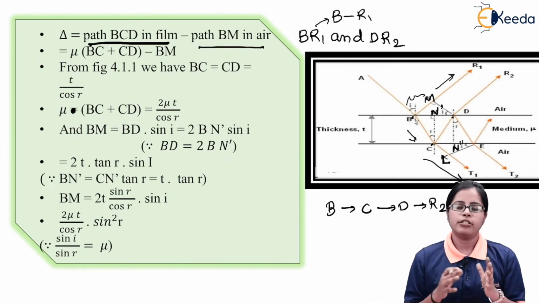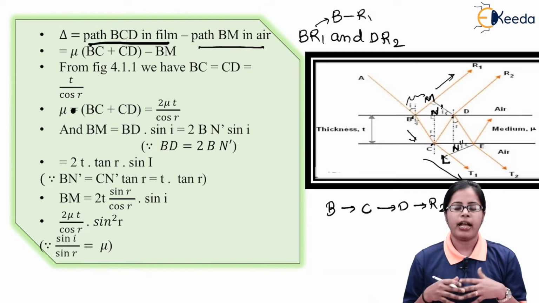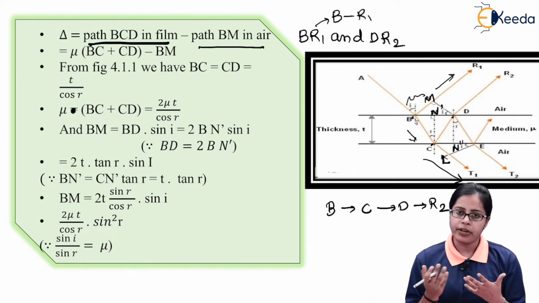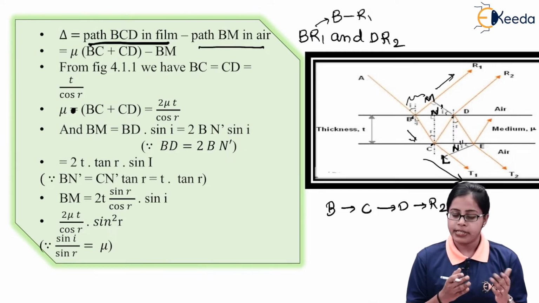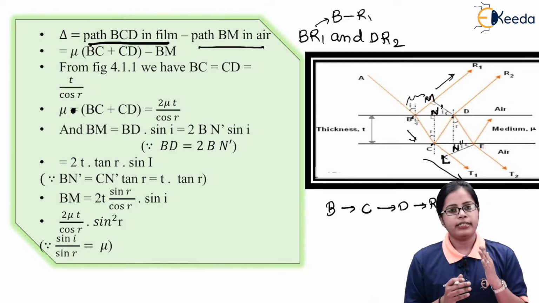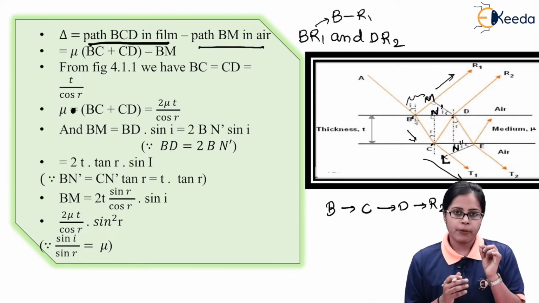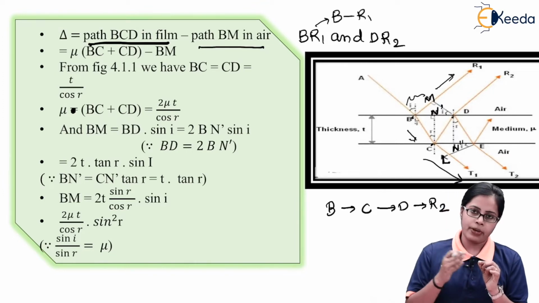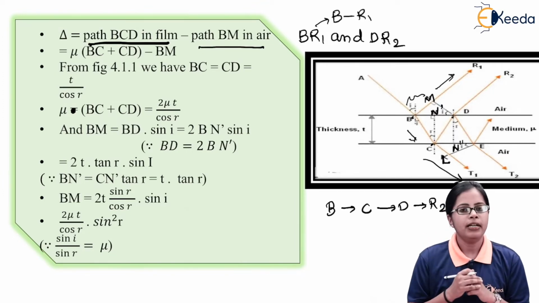So we can call both rays BR1 and DR2 coherent, because they are obtained from the same source. First thing. Secondly, as you can see, after reflection at point B, BR1 is the one reflected ray.